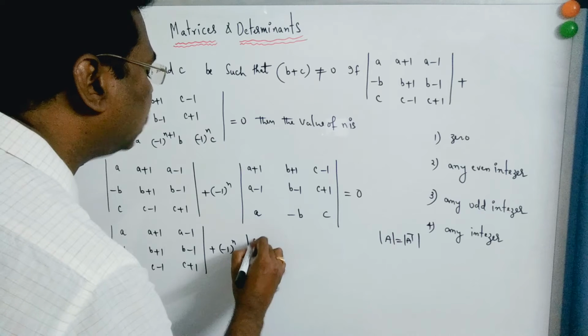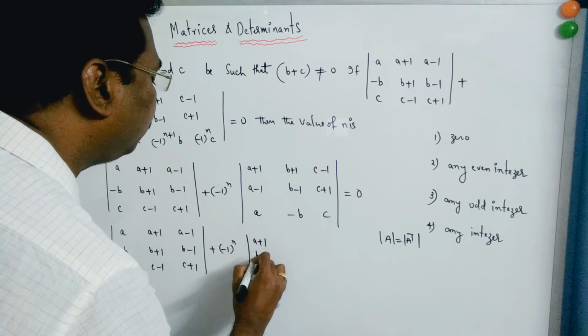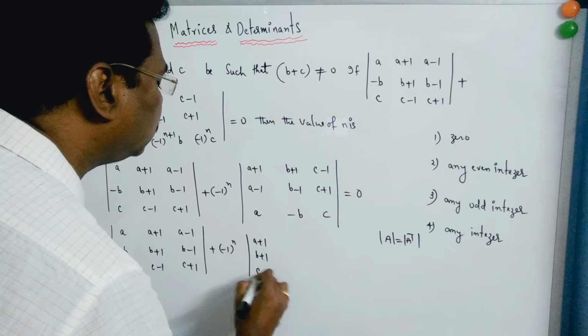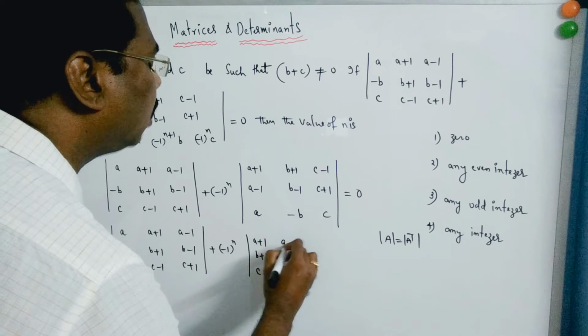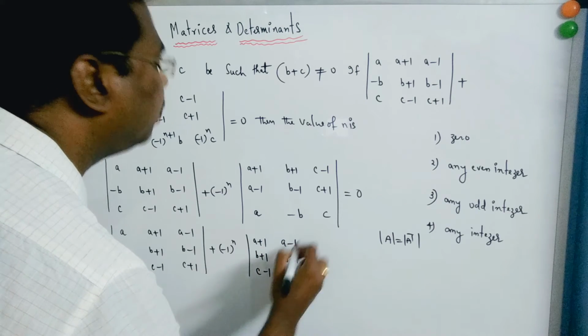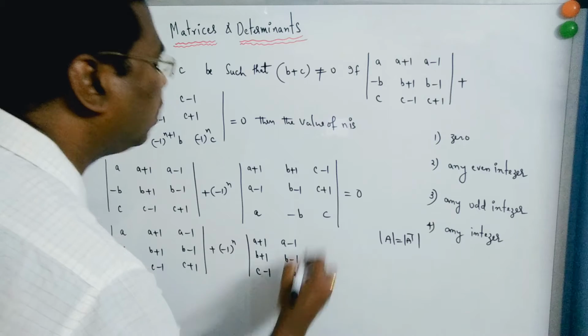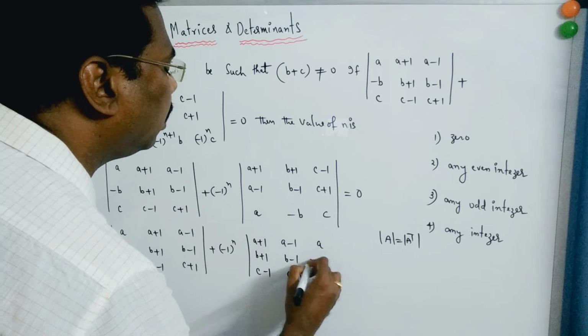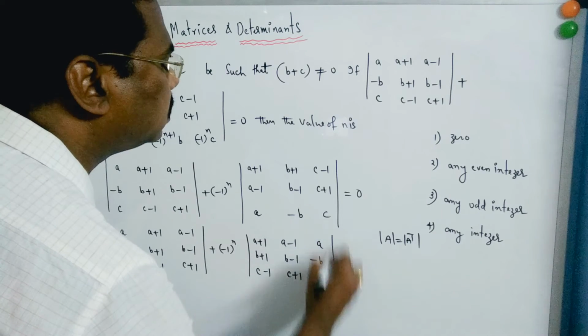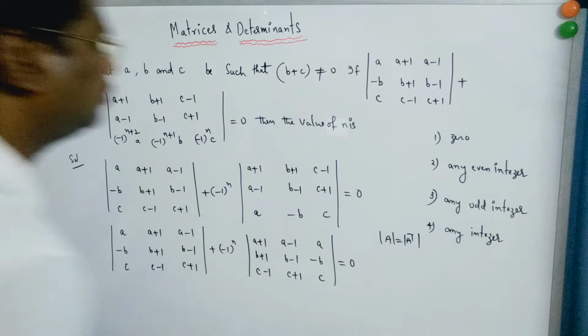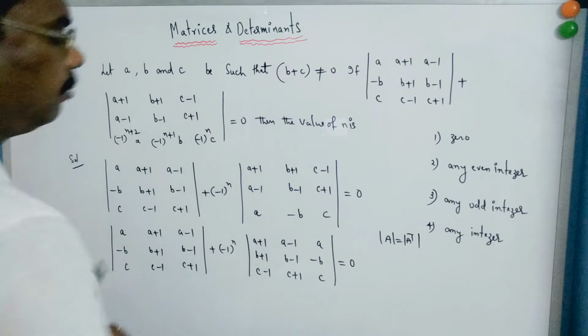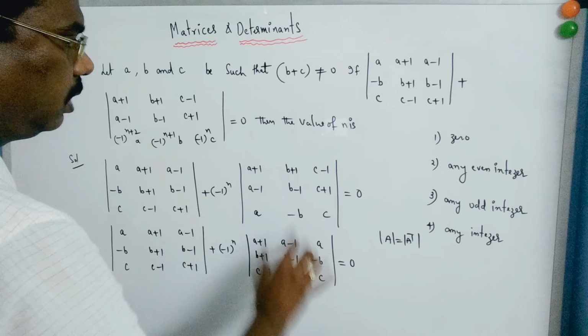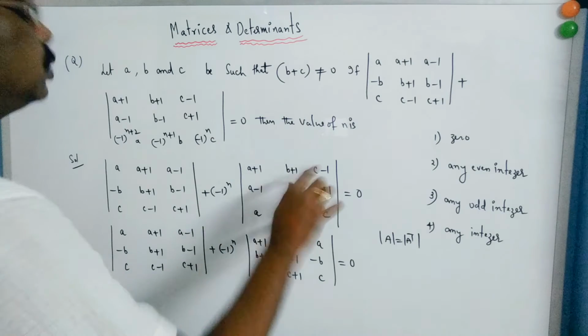Now here A plus 1, B plus 1, C minus 1. Now A minus 1, B minus 1, C plus 1. Now A minus B, C is equal to 0. Now here det A is equal to det of A transpose.